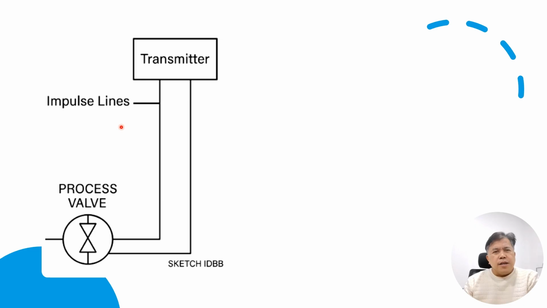HP is the high pressure point. LP is the low pressure point that you need to check. So okay, that's the information for our differential transmitter installation.